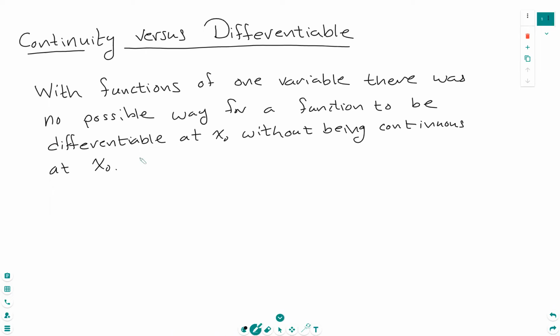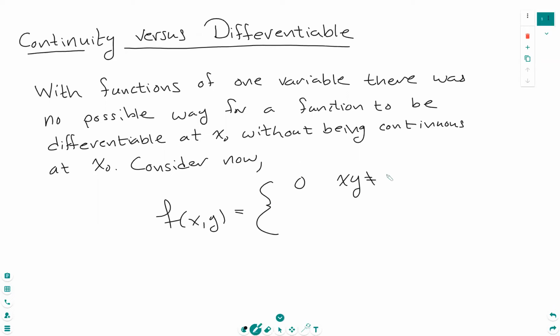So consider now the function of x and y that is piecewise defined as 0 everywhere that the product of x and y is not equal to 0, and it's 1 everywhere where the product x times y is equal to 0.